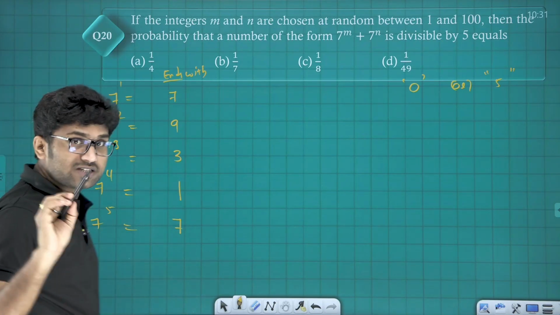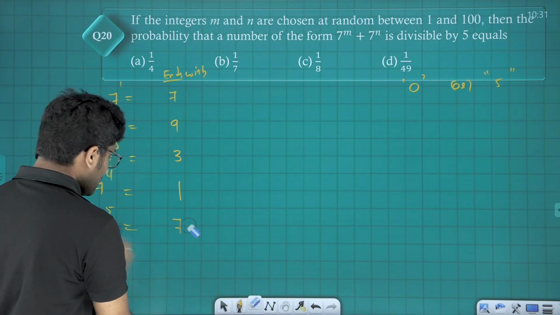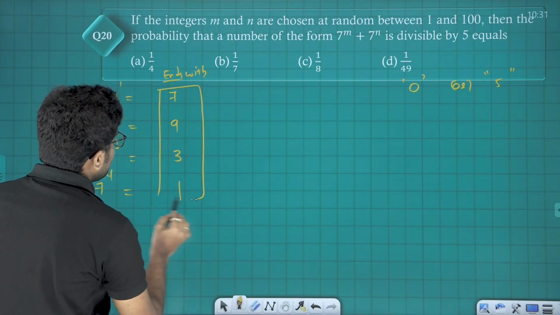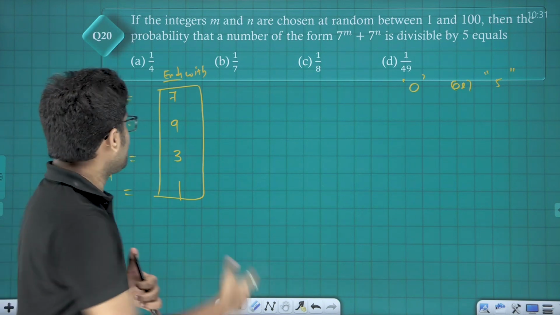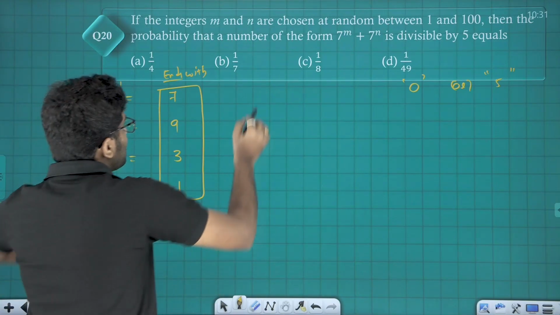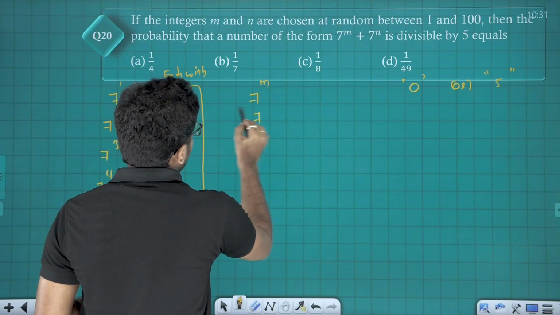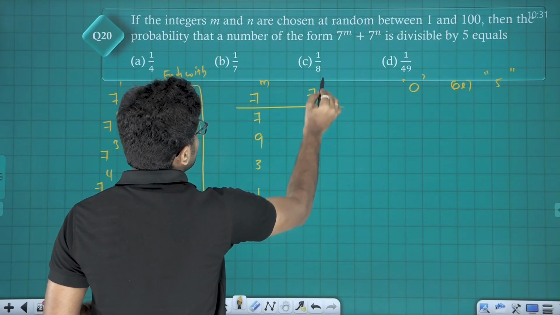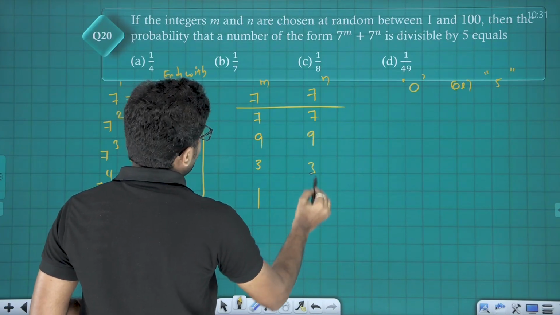The same cycle repeats. So 7 power anything will always end with either 7 or 9 or 3 or 1. Clear? So 7 power m for sure ends with either 7, 9, 3 or 1. In the same way, 7 power n also ends with either 7, 9, 3, 1.